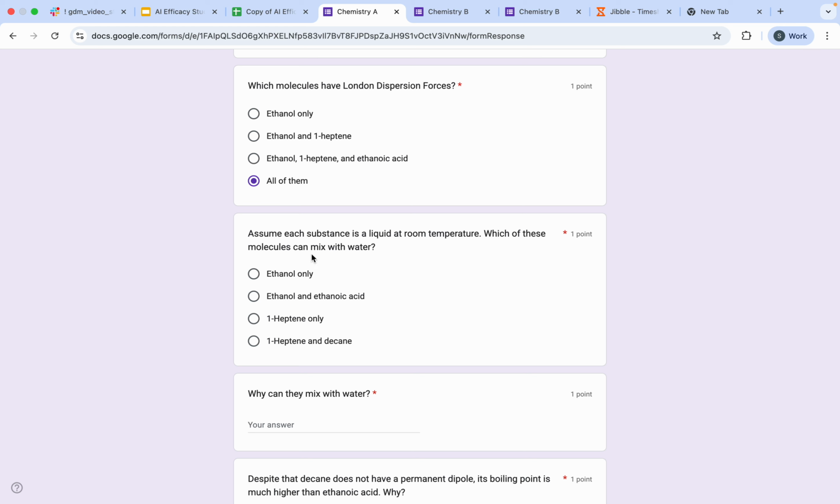Which of these molecules can mix with water? Ethanol only, ethanol and ethanoic acid, 1-heptane only, 1-heptane and decane. So I think ethanoic acid can mix with water, so ethanol only.